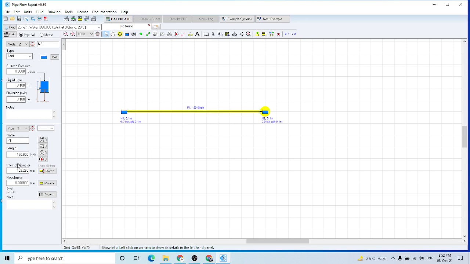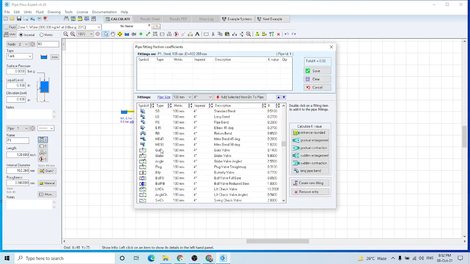Now we would enter the specification for the pipe, and I am not changing the ID, roughness and length. They are the default values. I'm going to change the fittings, and by clicking this symbol, I have entered the fittings page. I can select the fittings.